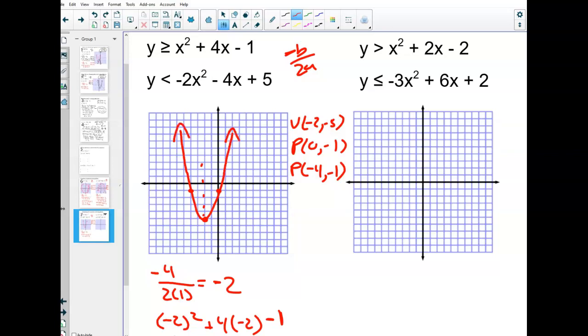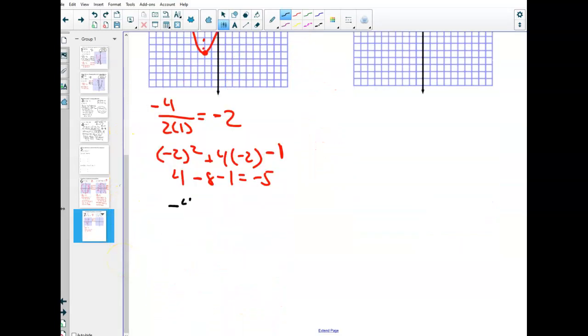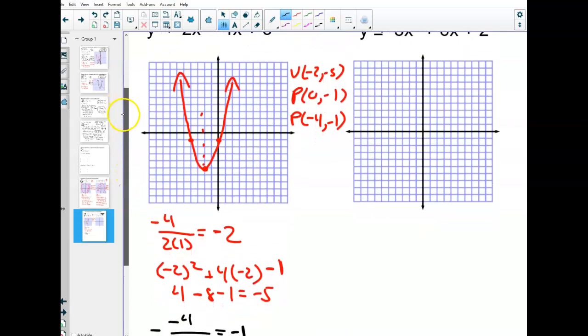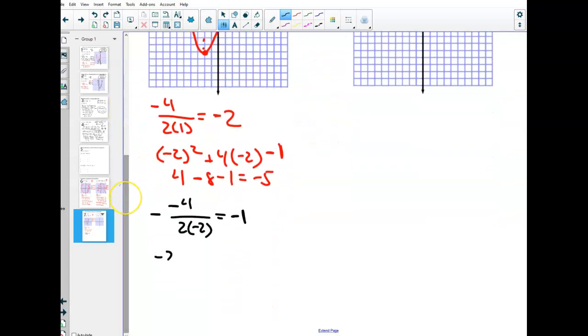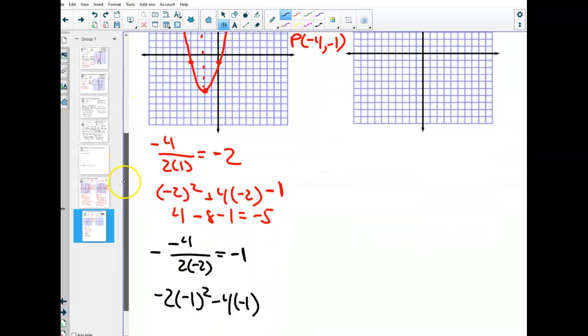Okay? Now I come to the bottom of it. Negative 4, negative 2. And the negative out in front here means my answer is going to be negative. It's going to be a negative 1. And then I plug negative 1 in. Negative 2, negative 1 squared minus 4 times a negative 1 plus 5.